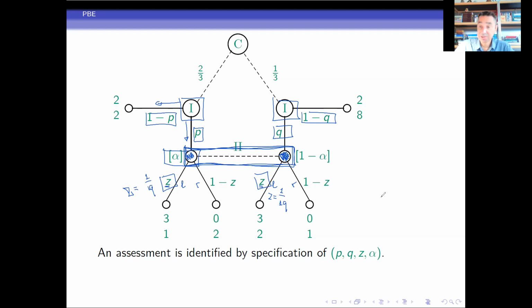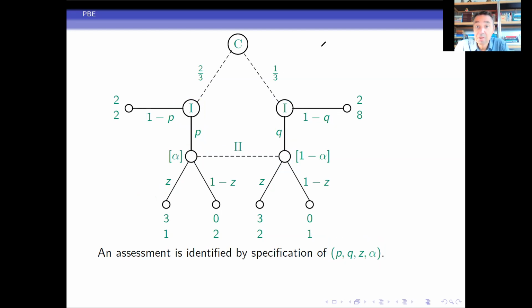So an assessment, that is a profile of strategies together with a profile of beliefs in this game, boils down to a specification of these 4 probabilities, P, Q, Z, and alpha. We'll keep things simple and just identify the entire assessment with something in R^4, with these 4 numbers, just to keep the notation short.